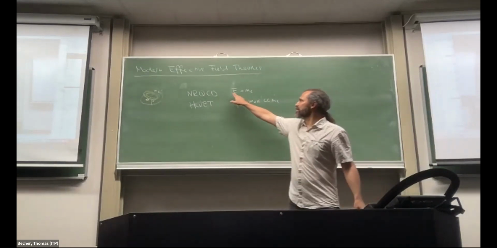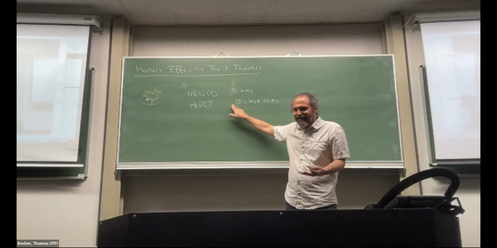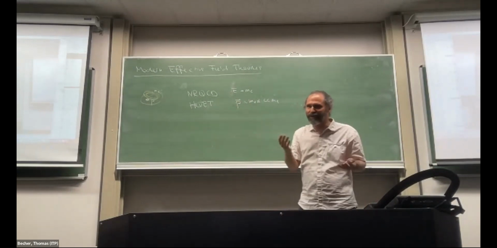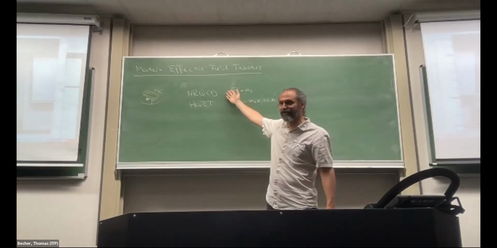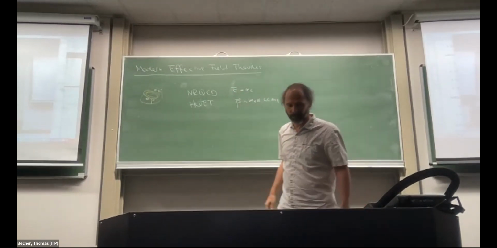This is already one of these examples, which is not like in Euclidean space, where all four momentum components would be the same, but here in this non-relativistic problem, one component is very large and the other ones are small.